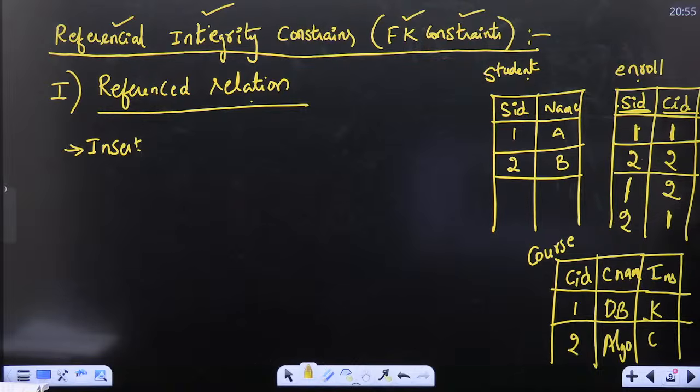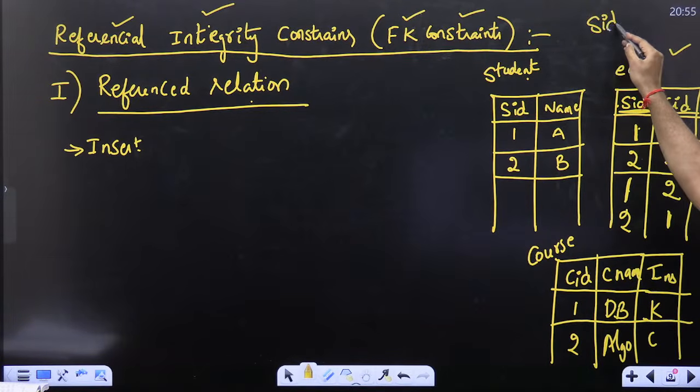And again student number 2 may register to the first course also, right? Now if you observe it, for the enroll table, you cannot use SID as a primary key or CID as a primary key. SID and CID cannot be primary keys because they are repeating. I told you primary key should not repeat. Then what happens?